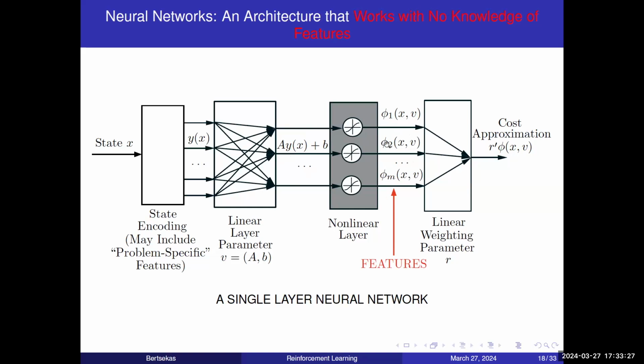And then those features are combined by a linear weighting parameter r. So conceptually, this part can be viewed as the feature that we constructed in the previous examples.